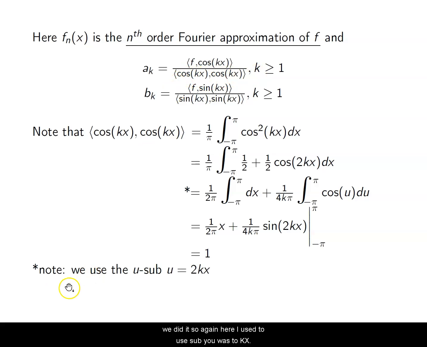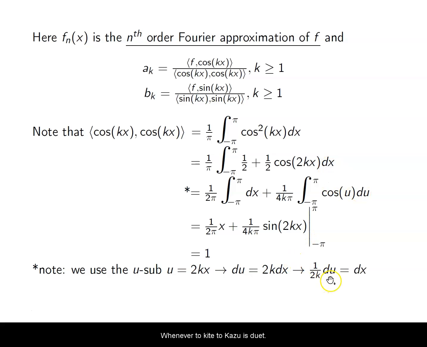So again here, I use the u sub, u was 2kx. I take the derivative of both sides, so I get du equals 2k dx. And then I solve for dx so that I can substitute. 1 over 2k du is dx, apologies.